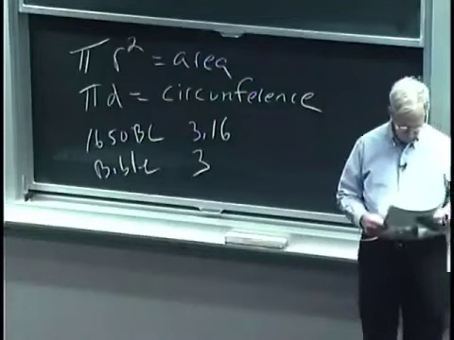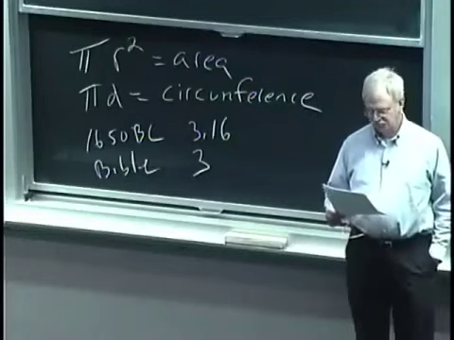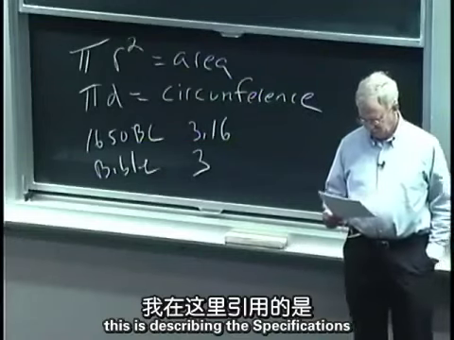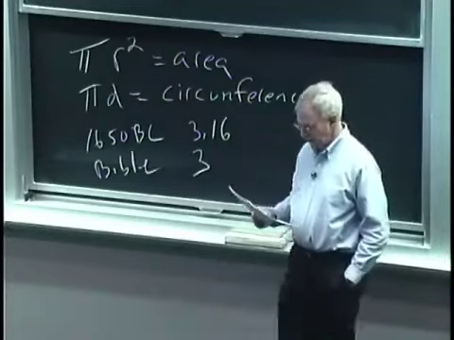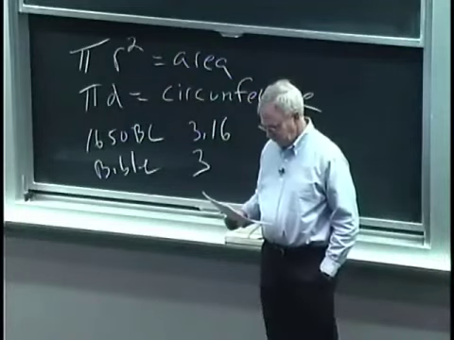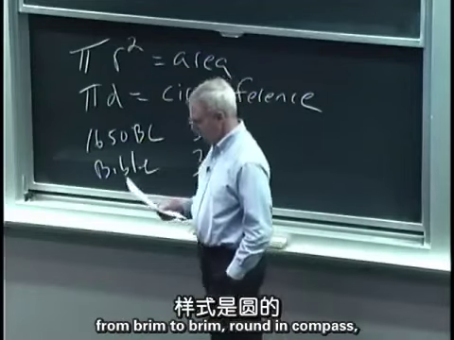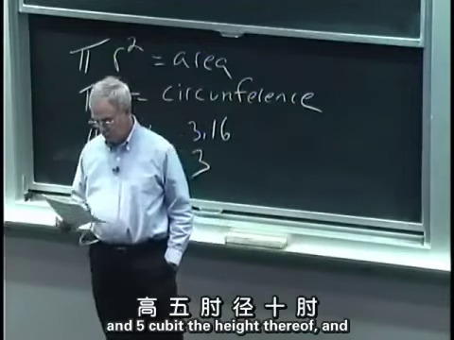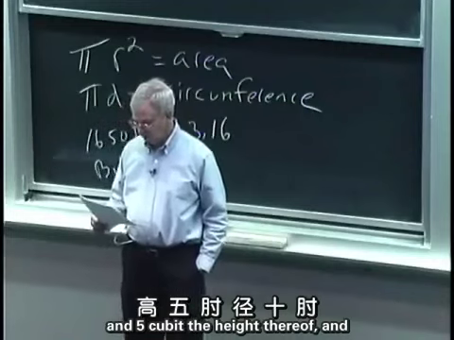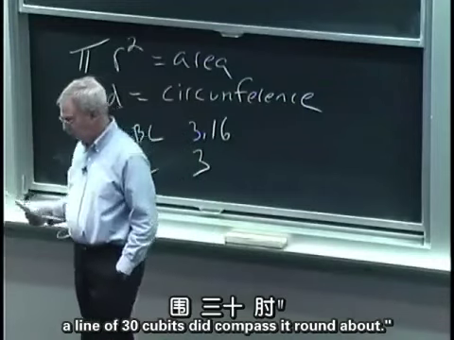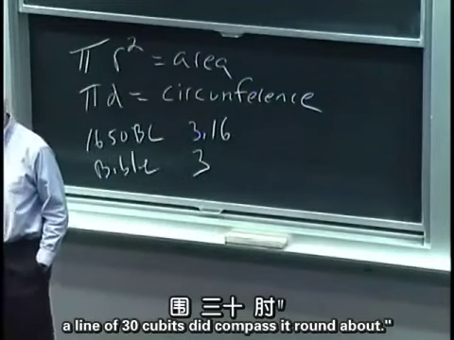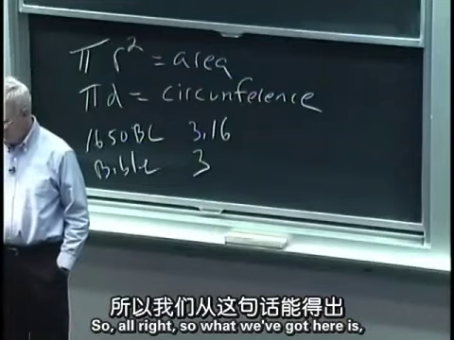And I quote, this is describing the specifications for the great Temple of Solomon. "He made a molten sea of 10 cubits from brim to brim, round in compass, and 5 cubits the height thereof. And a line of 30 cubits did compass it round about." So, all right.